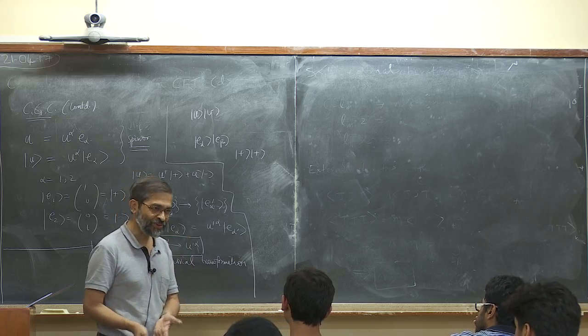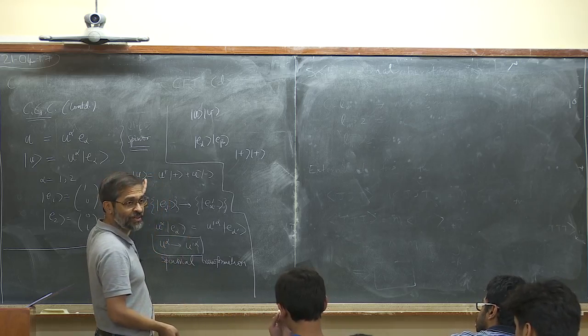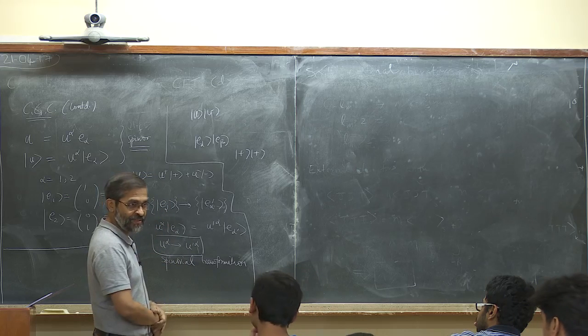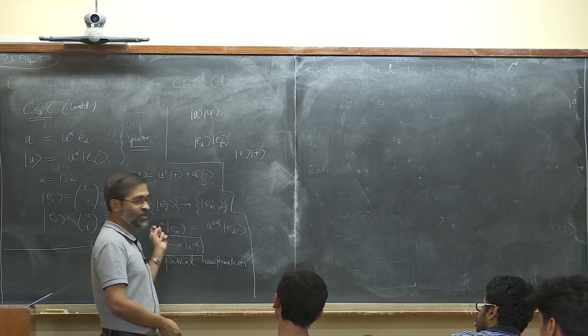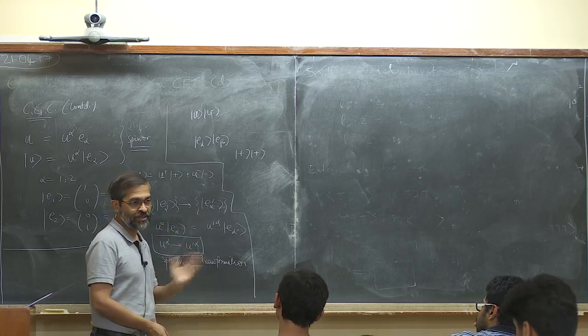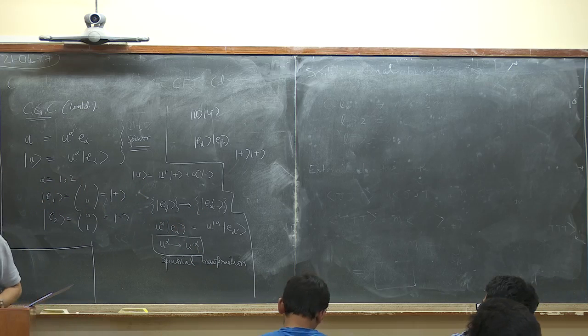Yet another way of saying this is that there's a physical vector U which is independent of the choice of basis. So if you have rotated your basis, then you must rotate your components in such a way that the physical spinor remains the same.